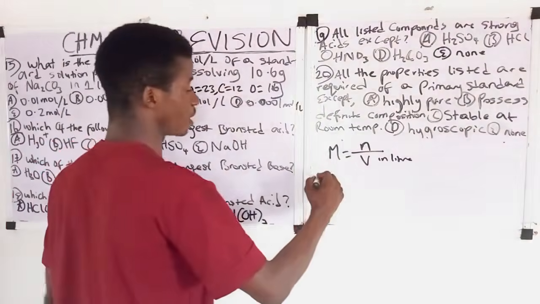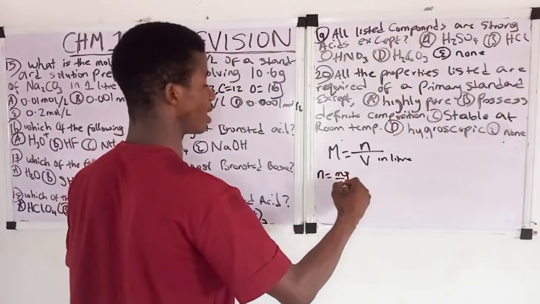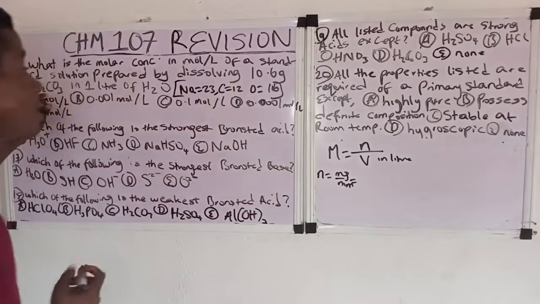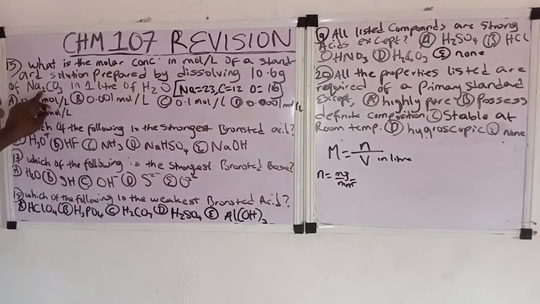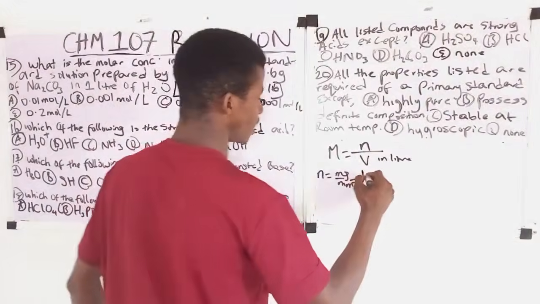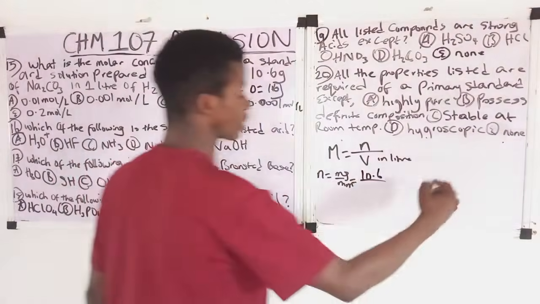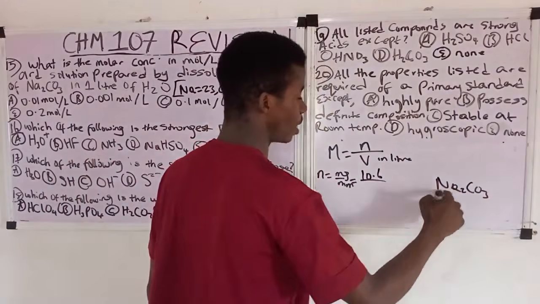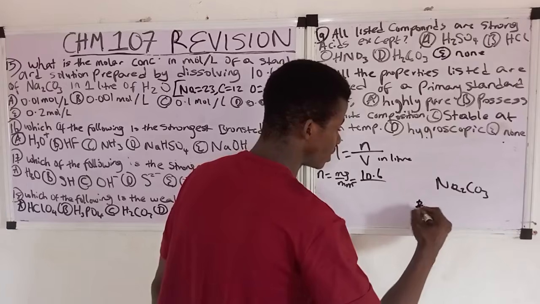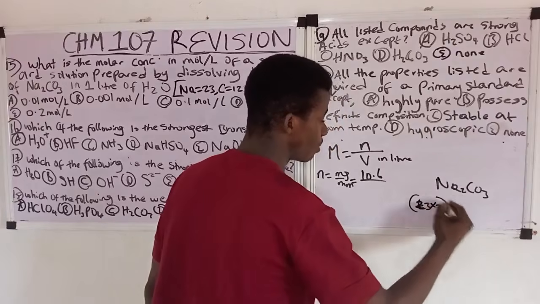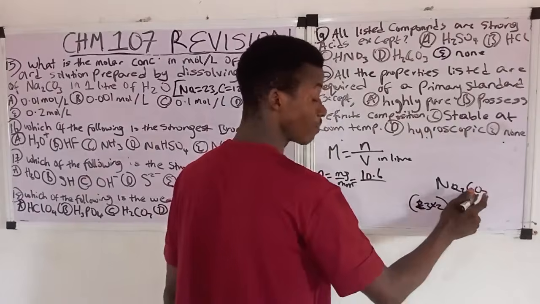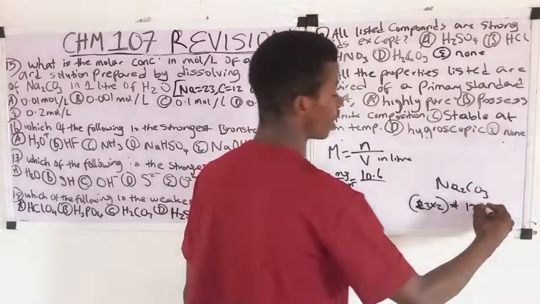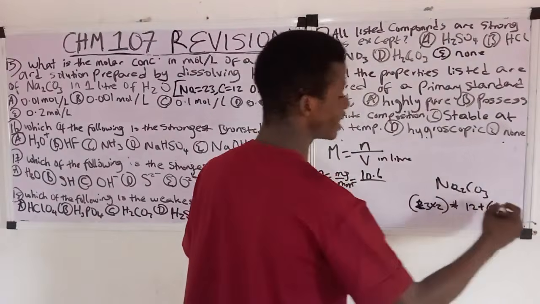Now let's look for the moles first. The number of moles is equal to the mass in grams over the molar mass, right? The mass in grams of sodium carbonate is 10.6. The molar mass of sodium carbonate is 106. It is very easy. The mass of sodium is 23, and remember there are 2, so times 2, plus the mass of carbon, which is 12, then plus the mass of oxygen, which is 16 times 3.